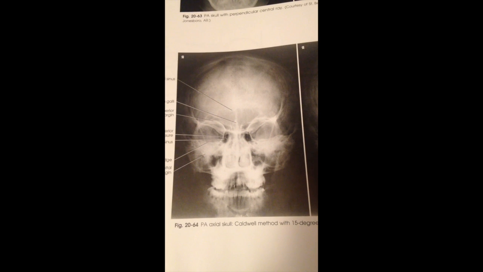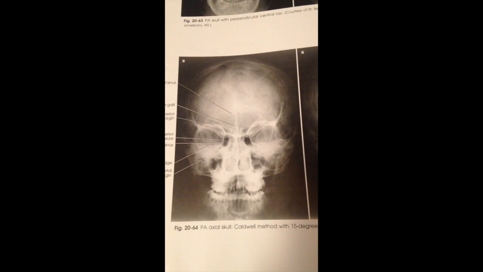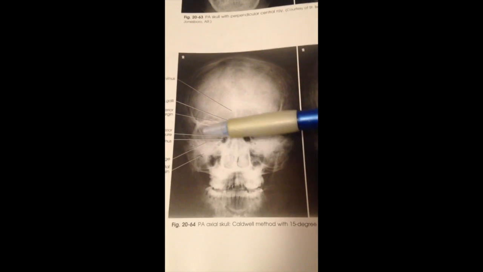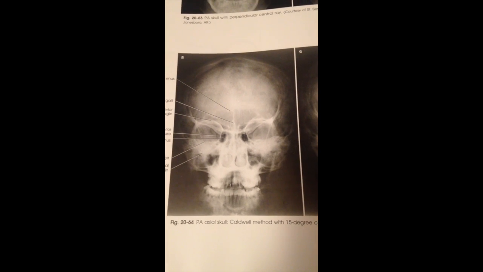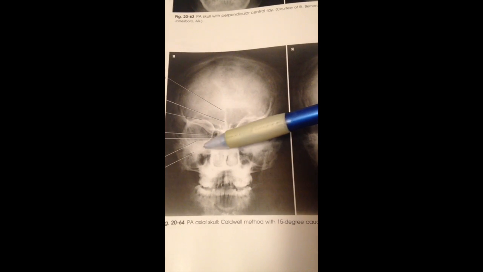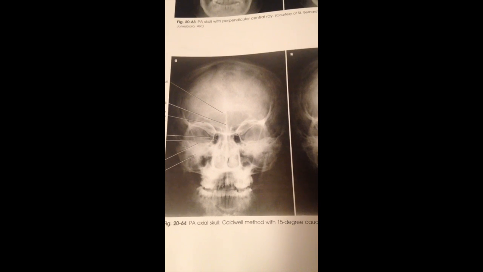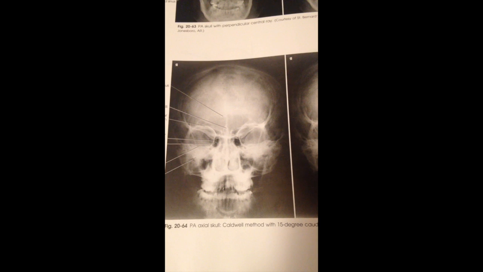It shows equal distances from the lateral borders of the skull to the lateral borders of orbits on both sides. Right here. It shows symmetric petrous ridges right there. And the mid-sagittal plane of the cranium is aligned with the long axis of the collimated field.